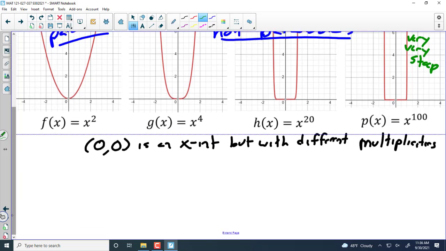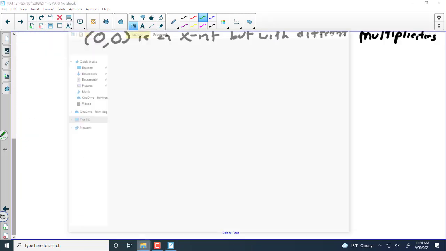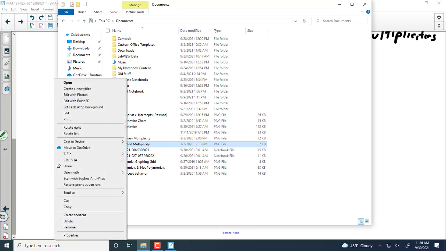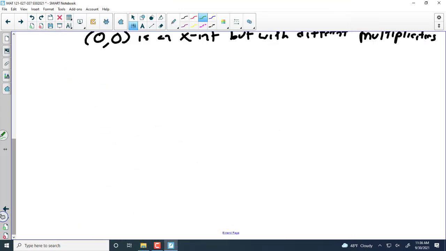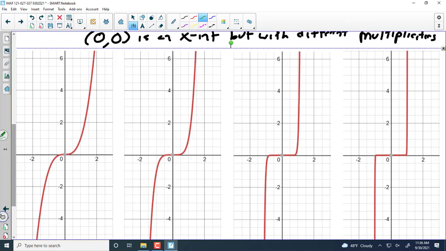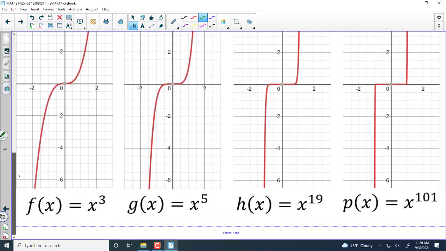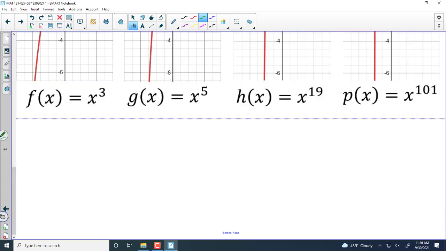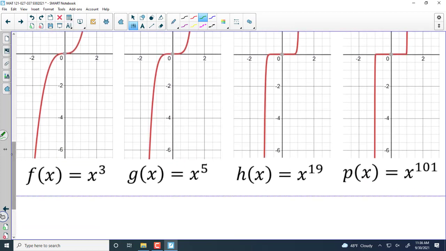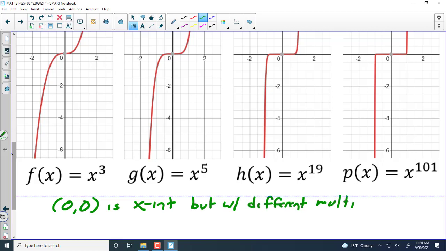And this also happens with the odd ones as well. These are a little bit bigger looking. But what I have here is x cubed, x to the 5th, x to the 19th, and x to the 101. And once again, these all have 0, 0 as their x-intercept, but with different multiplicities.